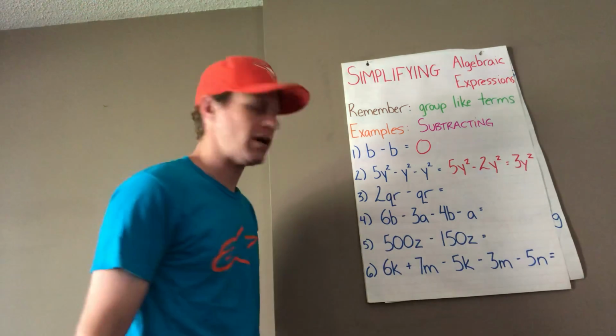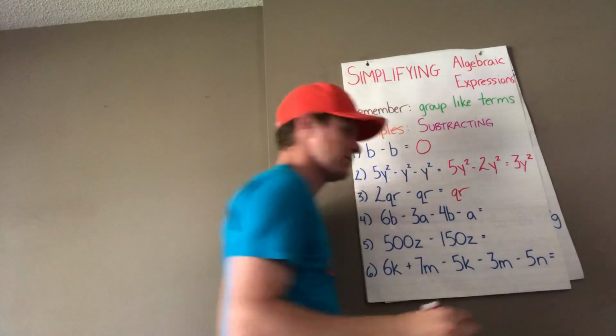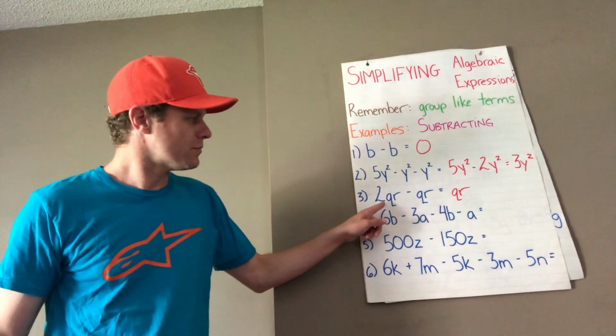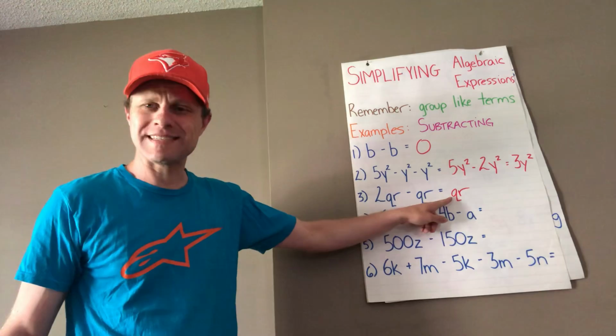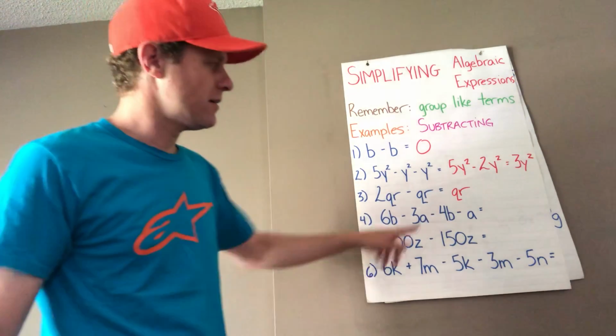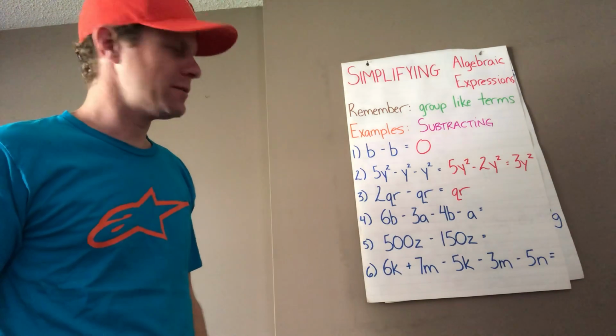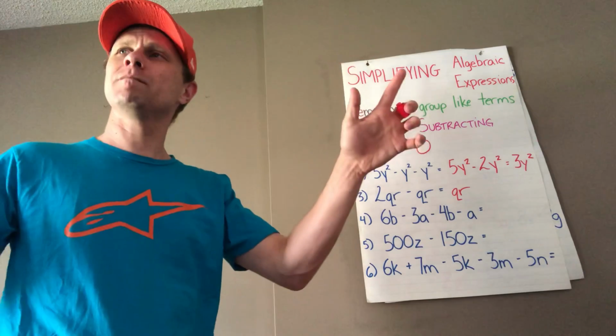Just QR. QR is the same, remember, as 1QR, but we don't need to put that 1 there because we know that already means 1. Good? Are we all good?